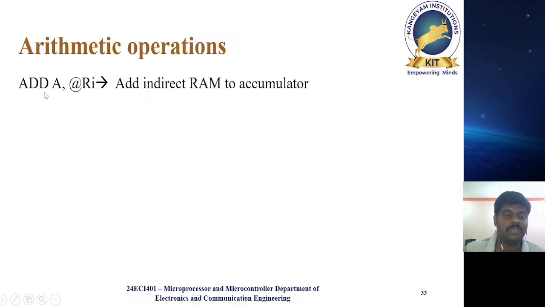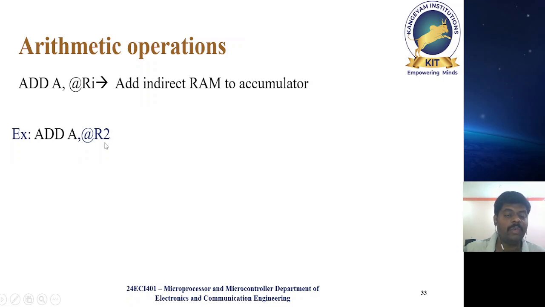Okay, so this is what happens with this instruction. Another instruction is ADD A comma @Ri. Here we are dealing with indirect register addressing. That means the register will be holding the address of the data. From the example you will understand clearly. So ADD A comma @R2.